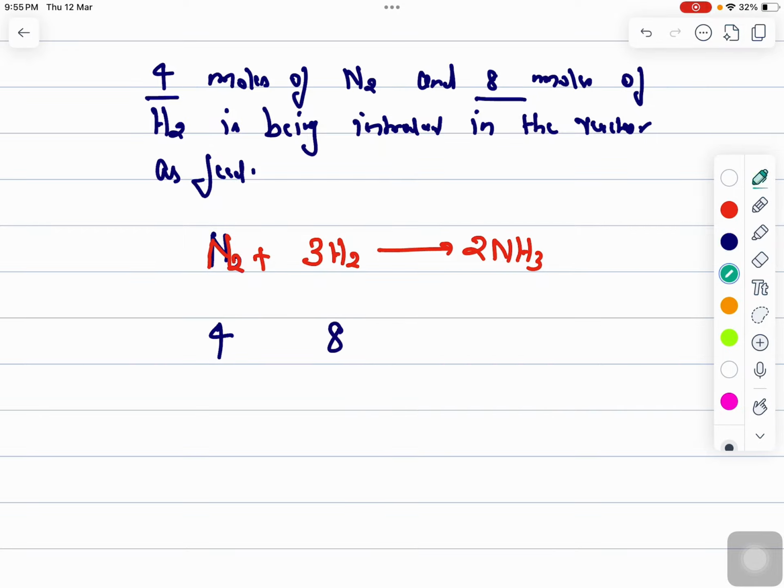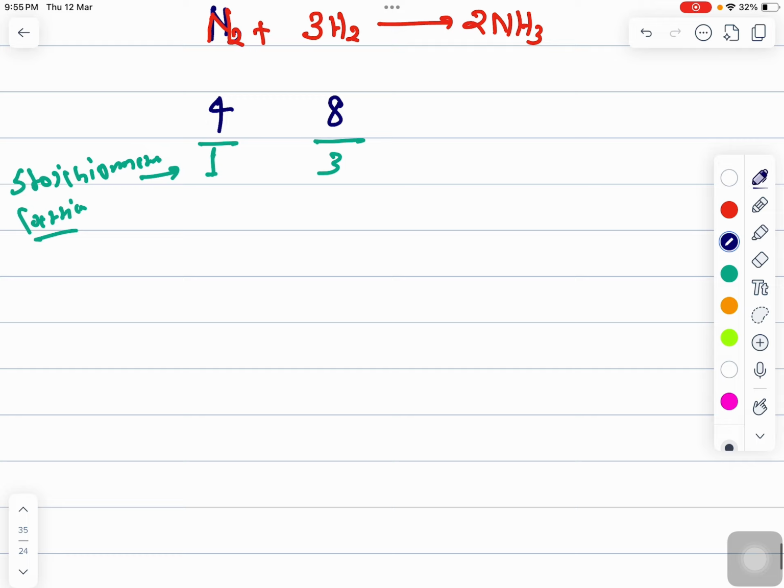Now you divide these by the stoichiometric coefficients, 1 and 3. Once you divide, the value you get here is 4, and here you get 2.66. So 2.66 is less than 4.